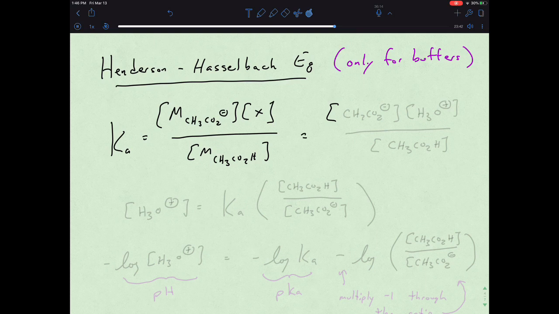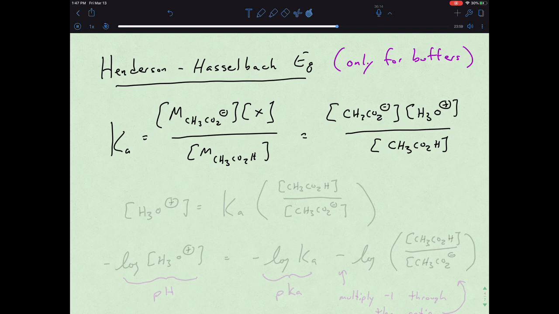So for this molarity of acetate, right, we're really just looking for that concentration of acetate, right? We have the concentration of hydronium, right, then over the concentration of our parent acid.